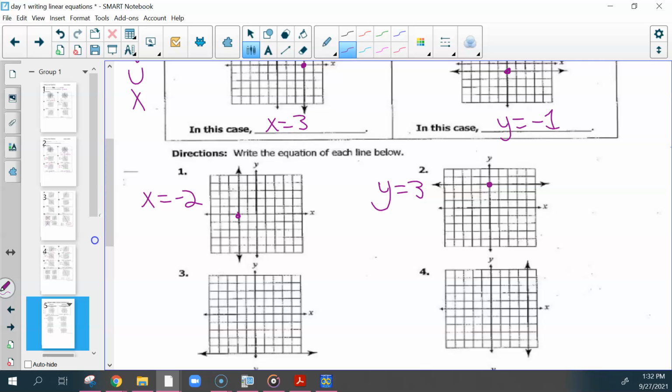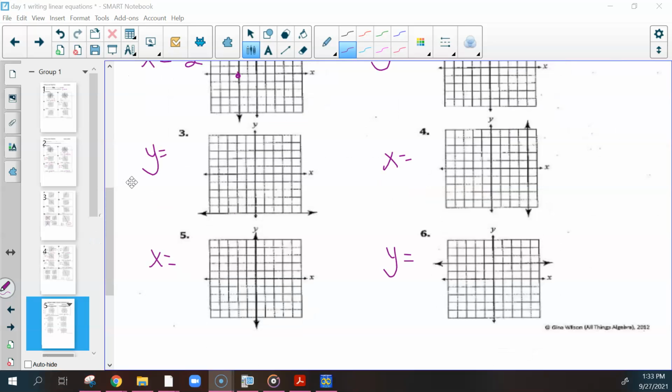Okay, for the next 30 to 45 seconds, do the other 4. Number 3, what was y? Negative 5. 4, what was x? So this is actually on the y-axis. And then number 6 equals y.